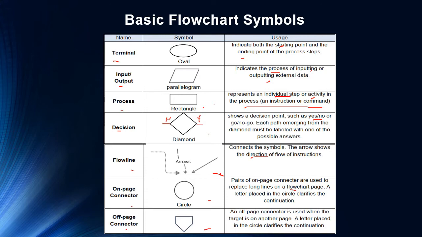A letter placed on a circle clarifies the continuation. Example, A from here and then A to another. An off-page connector is used when the target is on another page. A letter placed on the circle clarifies the continuation. Also from example A.